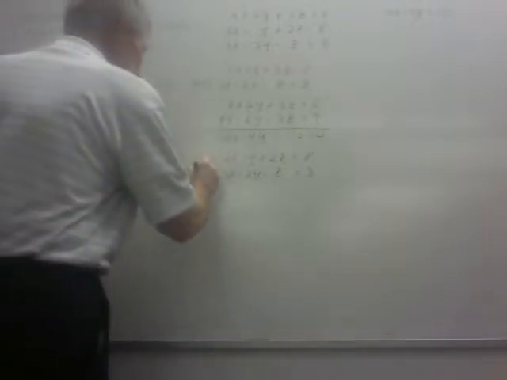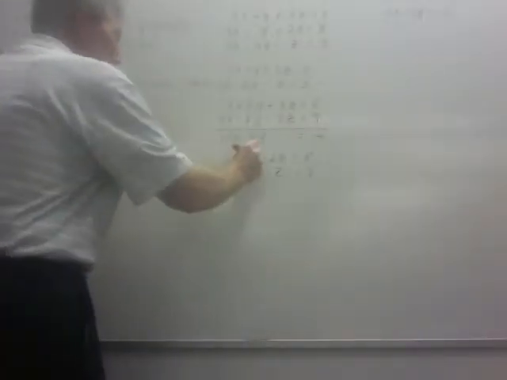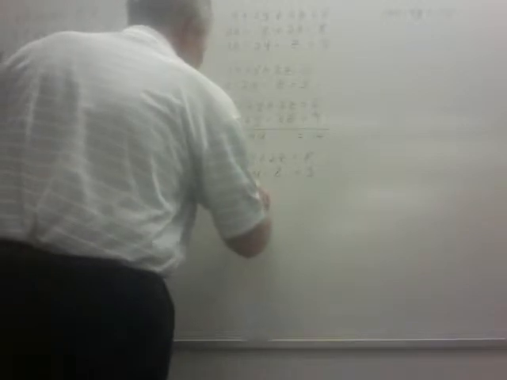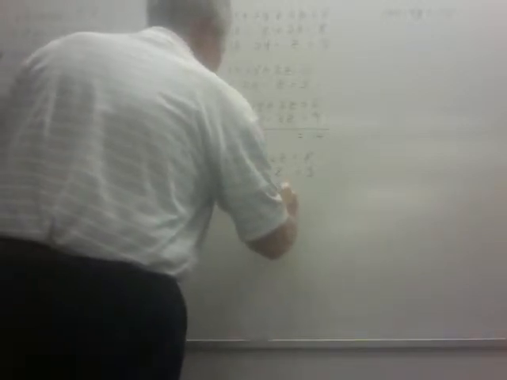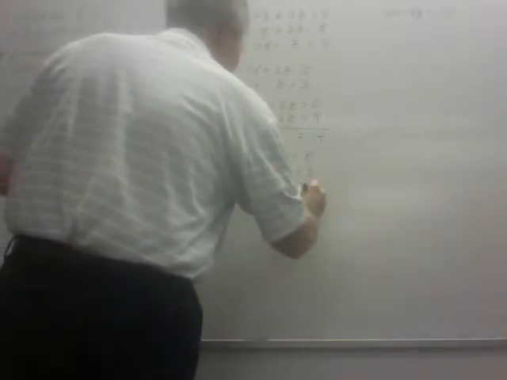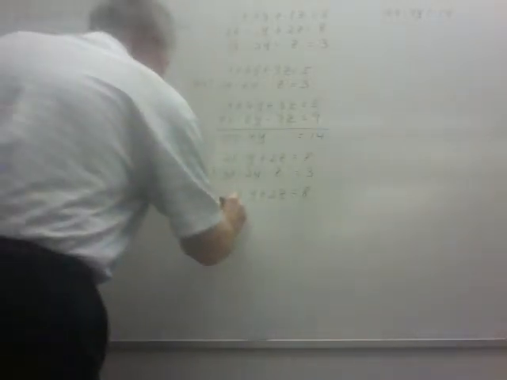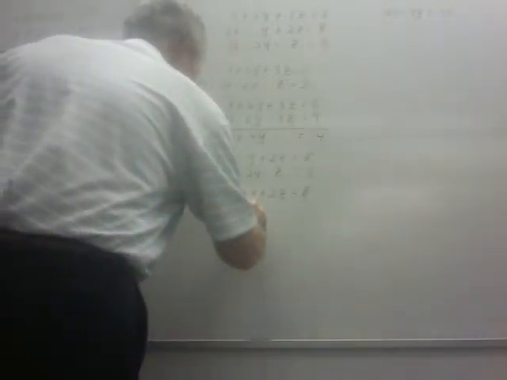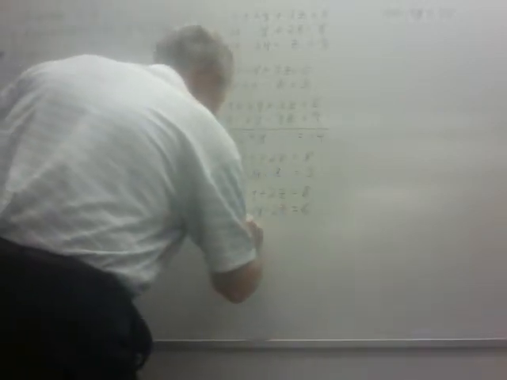So we multiply the second equation by 2. First equation, 2x minus y plus 2z is equal to 8. This gives me 6x minus 4y minus 2z is equal to 6.